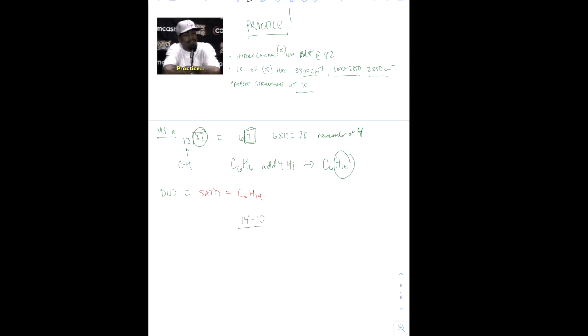So 14 minus 10 divided by 2. And that is going to give us 2 degrees of unsaturation. And so what that means is we can have either 2 rings, 2 pi bonds, or a combination of 1 ring and 1 pi bond.